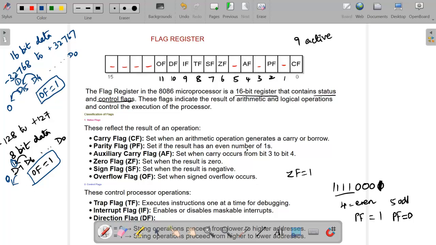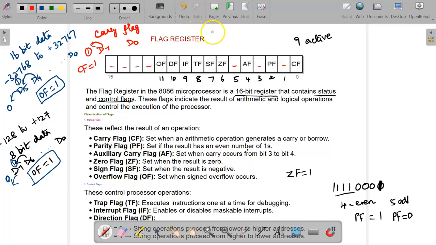Coming to the carry flag again: if it is 8-bit data, I have D7 to D0, and I should get a carry from the D7th bit. Then the carry flag is equal to 1.